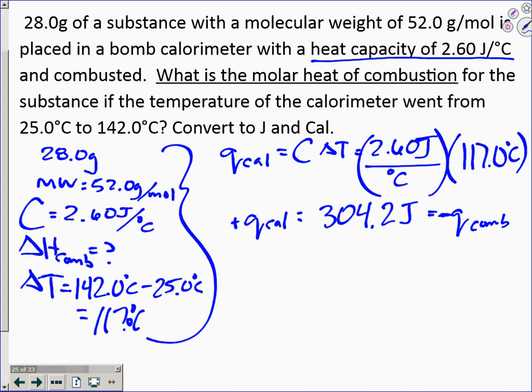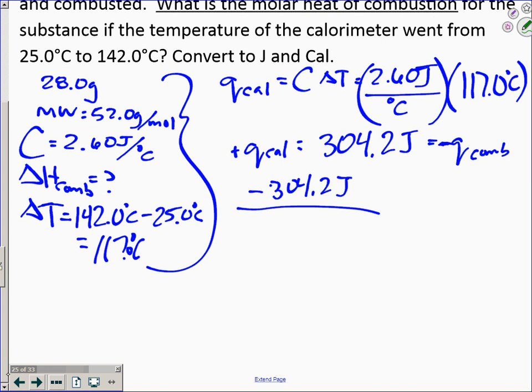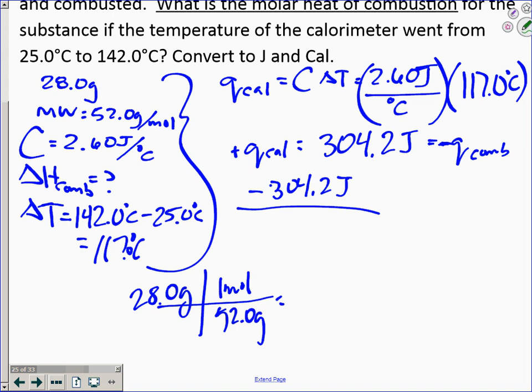Okay, so negative Q combustion is negative 304.2 joules. We're going to divide that by the moles. What's the molar mass? 28.52 grams per mole. What is the moles? 0.538.